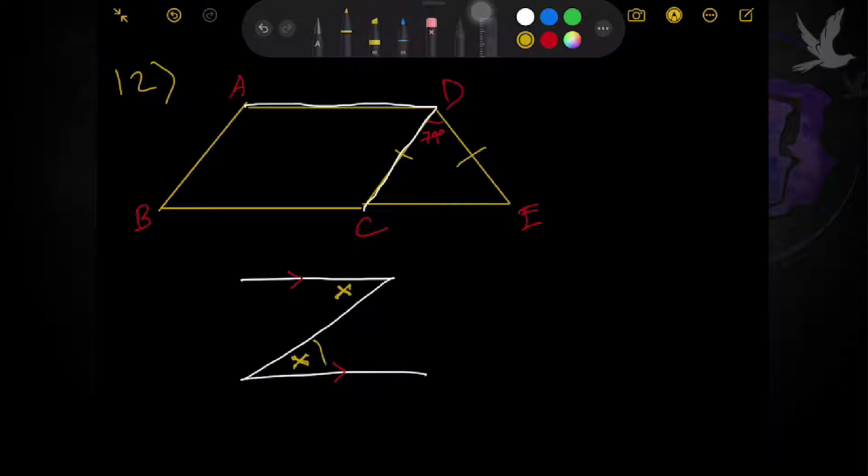Which means if you'll be able to solve this, you'll be able to get this. Kasi nga, they are just the same. So, illustrating it further in this figure that we have, if you notice, the Z angle forms right about here. Okay. So, if you will be able to solve this angle here, pwede na natin kunin tong angle na ito, which is ang angle ADC.